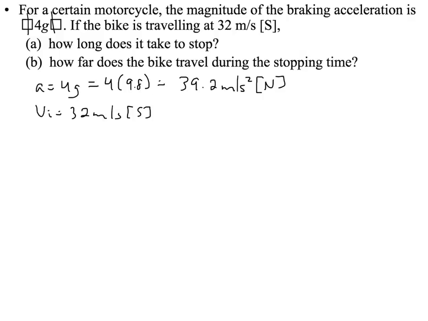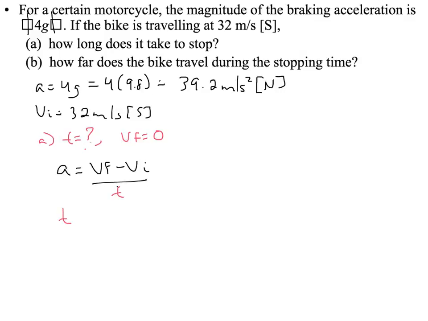A says, how long does it take to stop? Since we're looking for it to stop, we know VF is equal to 0. We know T is the question. So we need an equation. Let's use our basic A equals VF minus VI over T. And T is what we're looking for. We do some rearranging.